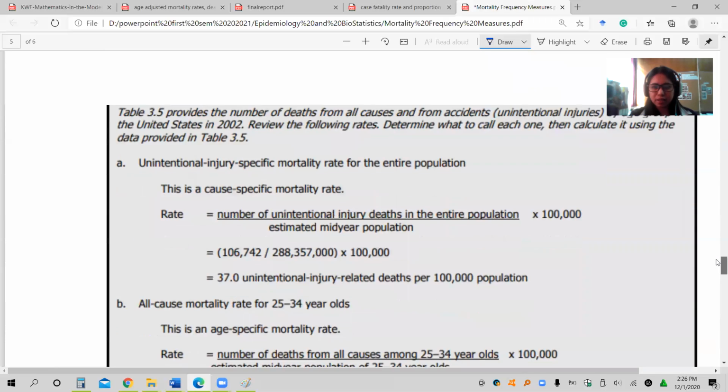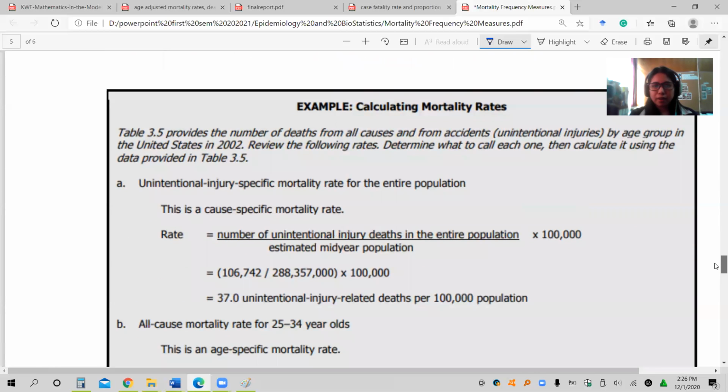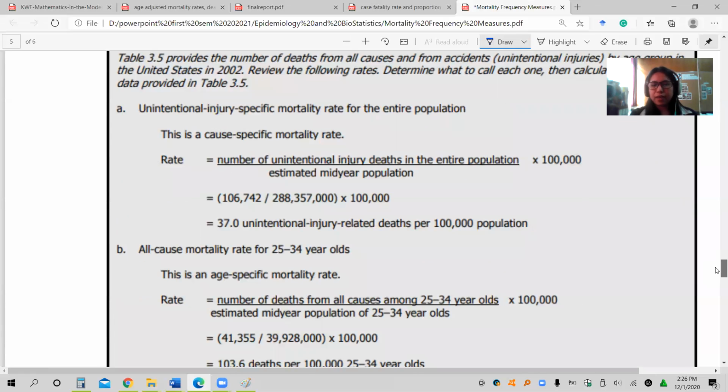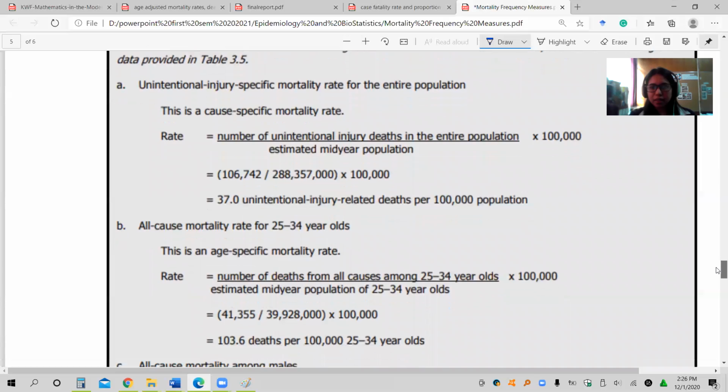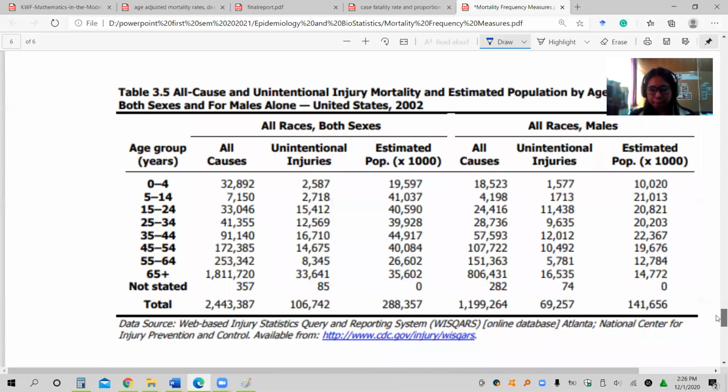So this is an example of some computation. We have here unintentional injury specific mortality rate for the entire population. So the number of unintentional injury deaths in the entire population can be seen in the table here.